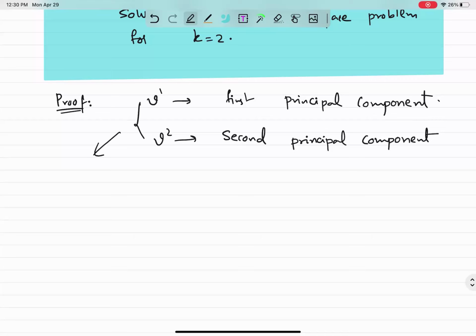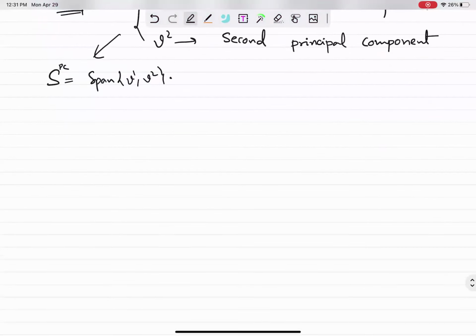So let's say S be the span of V1, V2. Our claim is that this, maybe let me use SPC, the span of these 2 first principal components gives you the optimal solution among all 2-dimensional subspaces. So you want to say that among all 2-dimensional subspaces, this would maximize the variance. Okay, so that's what we want to do.